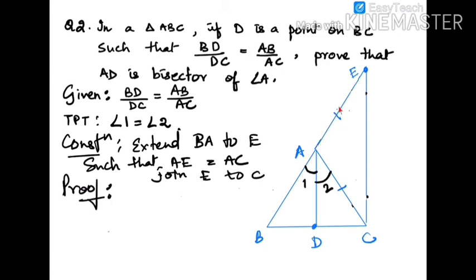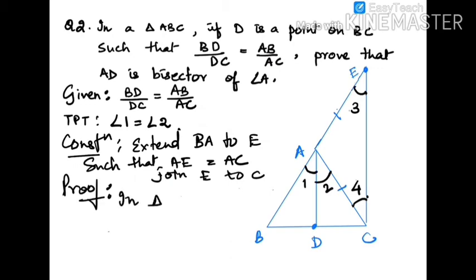Now notice in this figure we have triangle AEC in which two sides are equal. So what can we say about their base angles? They will also be equal. So angle E, let's mark it as 3, and angle ACE, let's mark it as 4. So angle 3 will be equal to angle 4.